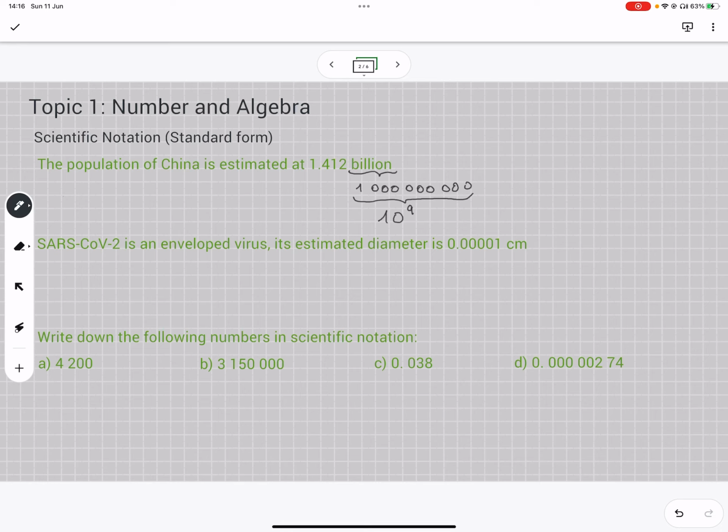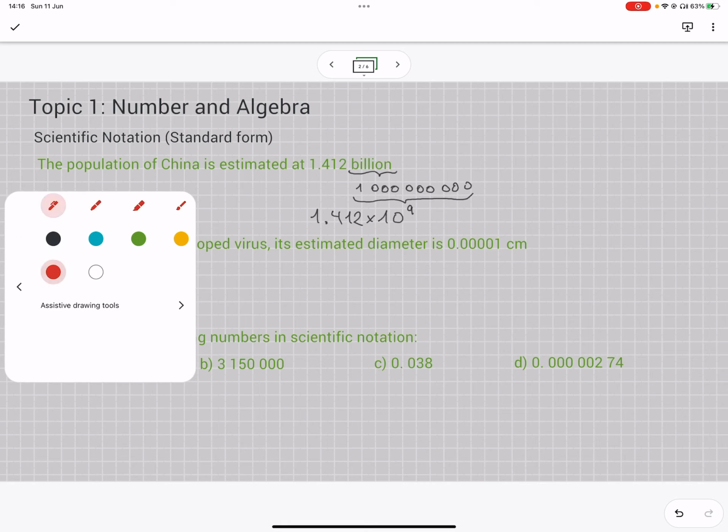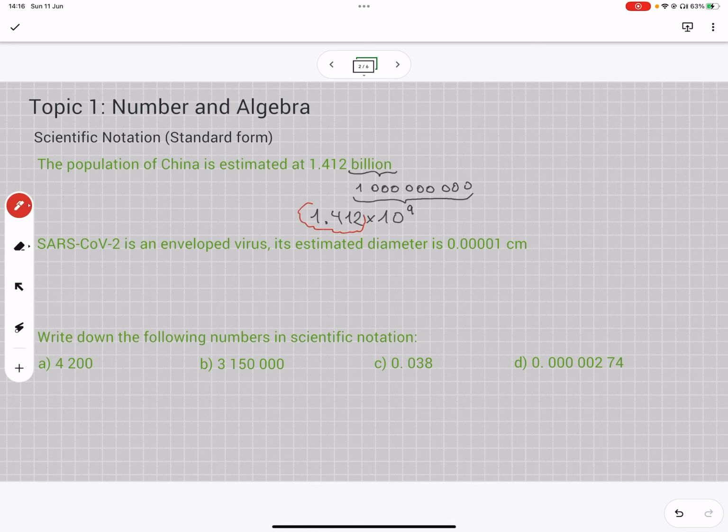So the population of China is 1.412 times 10 to the power of 9. We know this is in scientific notation because 1.412 is between 1 and 10, including 1, and the power 9 is an integer, a positive or negative whole number.